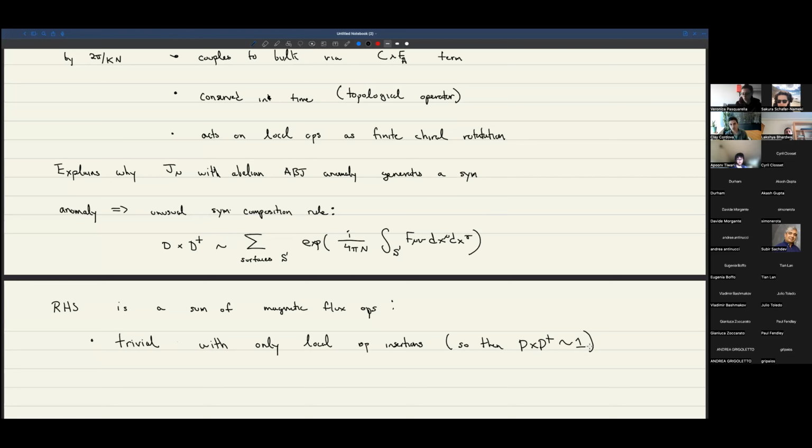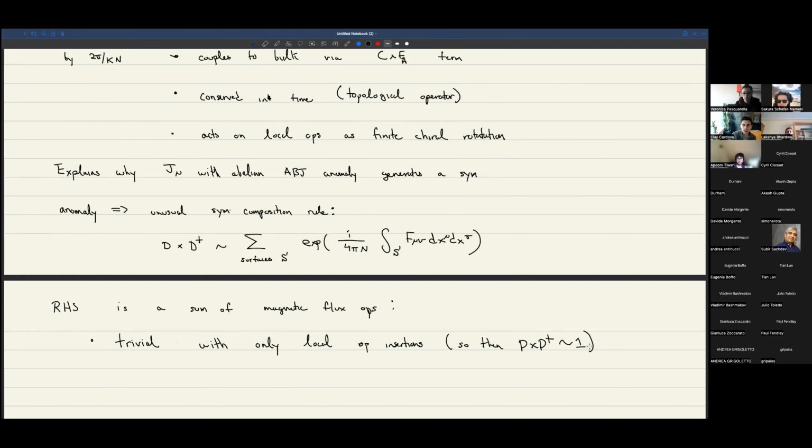That was an important feature, because one of the things we were trying to explain was that there apparently was this chiral symmetry, even though there was an abelian ABJ anomaly. And the chiral symmetry looked just like an ordinary symmetry. It looked unitary, it acts by finite chiral rotations on local operators. We see it in the S matrix. So D is fulfilling all those criteria.